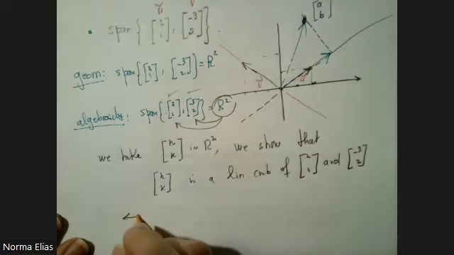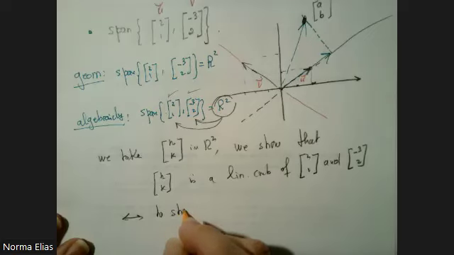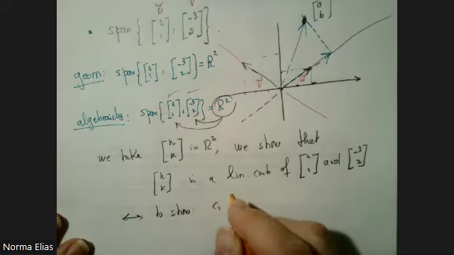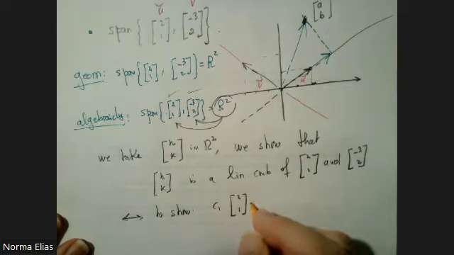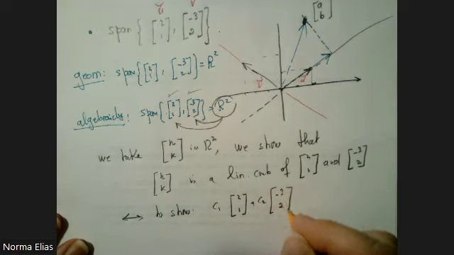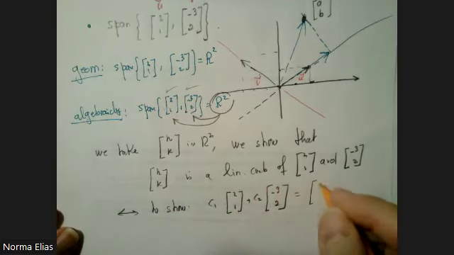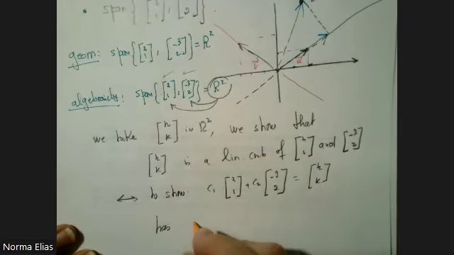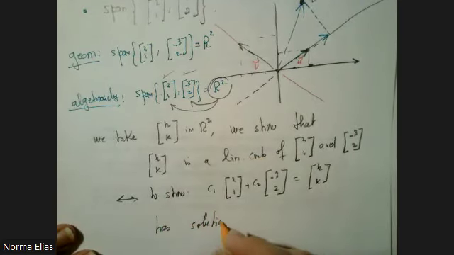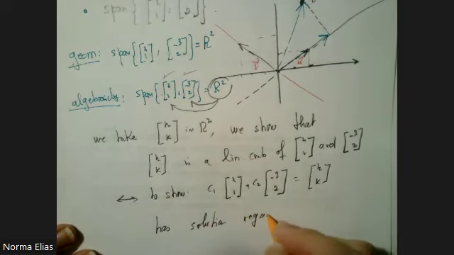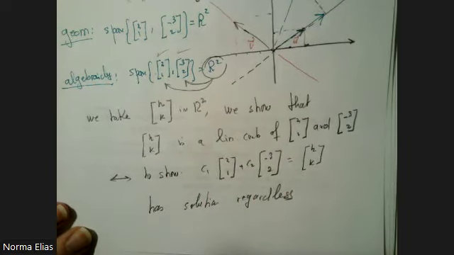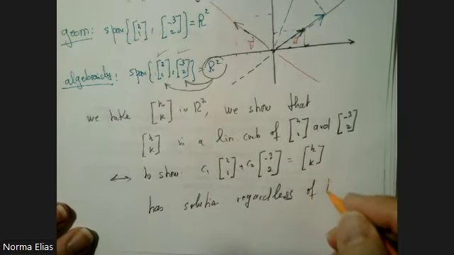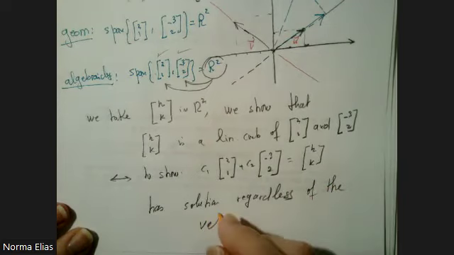It means we have to show that this equation, equal to (h, k), has a solution, regardless of the values of h and k.